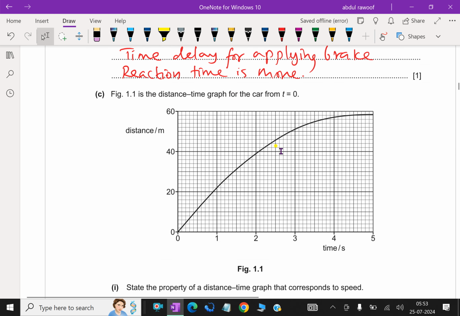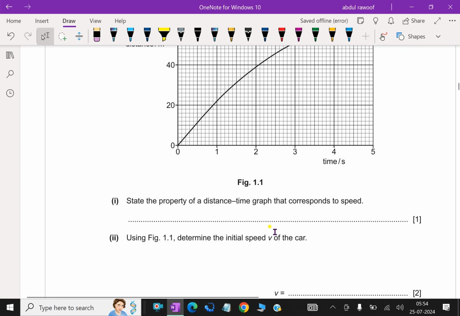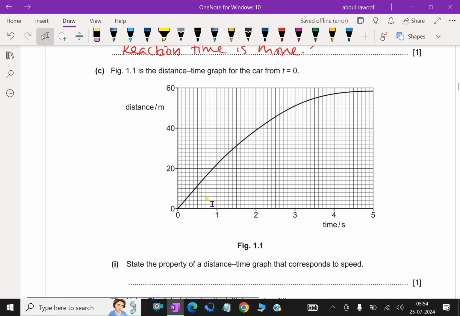Next question. Look at this figure. This figure is the distance time graph for the car from time t equal to 0. Time is on the x-axis, distance is on the y-axis. State the property of a distance time graph that corresponds to a speed.